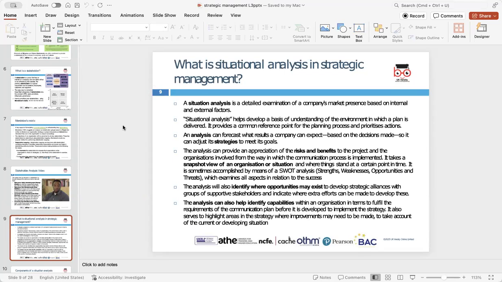External factors are another important part of a situational analysis. These factors include competitors, market conditions, and regulatory environments. By understanding the external landscape, companies can adjust their strategies to align with current market trends and government policies.